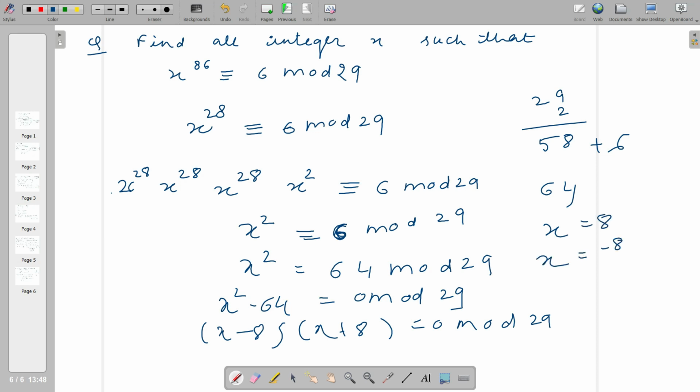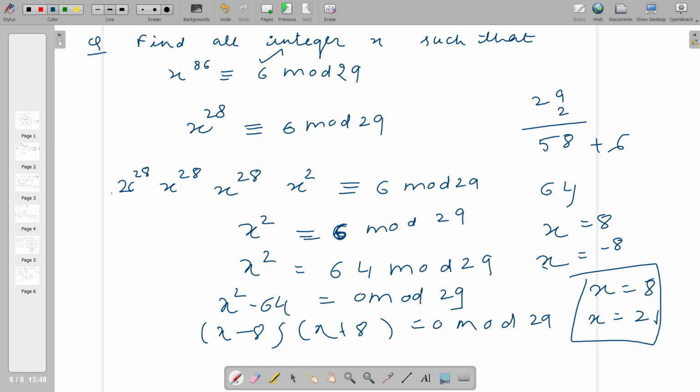So here the value of x can be x is equal to 8 and x is equal to 29 minus 8, which is 21. So this is for two values of x. For these two values of x, x to the power 86 will be 6 mod 29, because when we write 0 mod 29, it can be 29 or it can be 0.